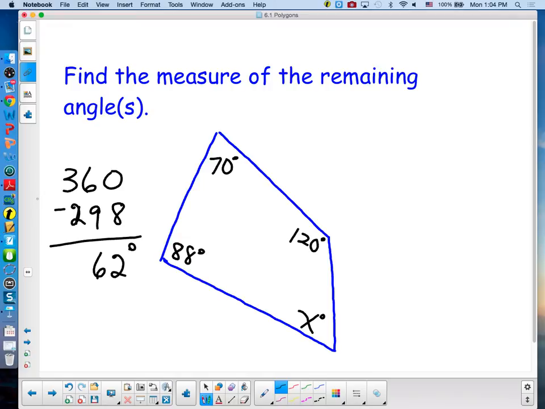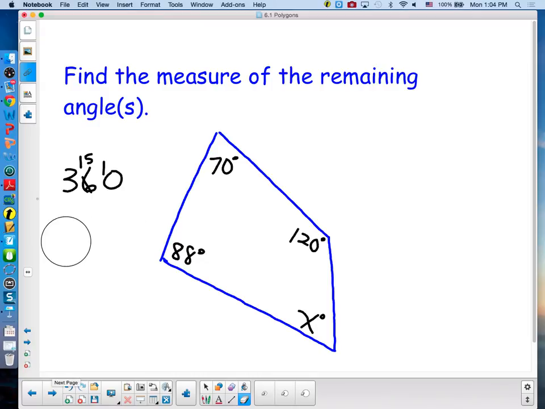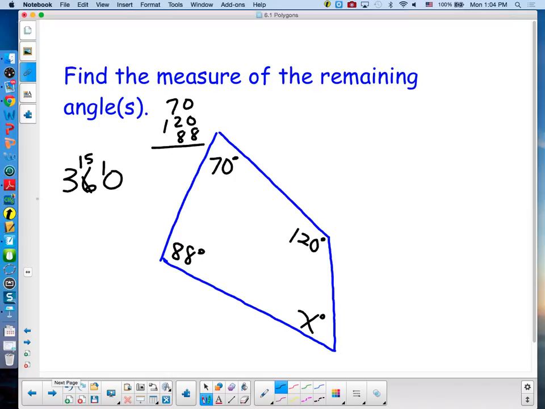I thought it was 78. Okay, so 298 must not have been the right total. Okay, what was 70 plus 120 plus 88? 278. 278. 82 degrees is what it was.